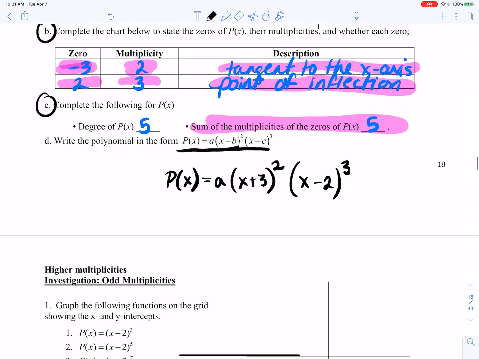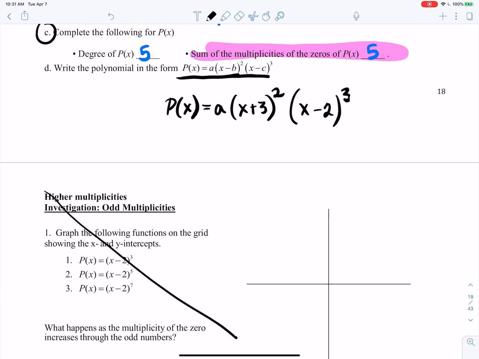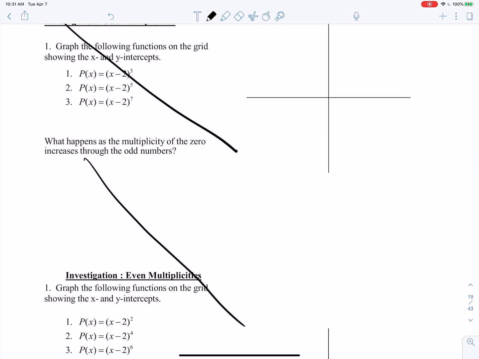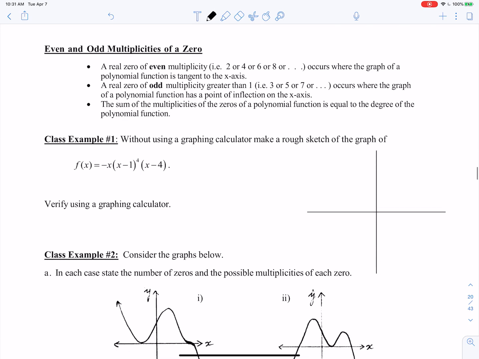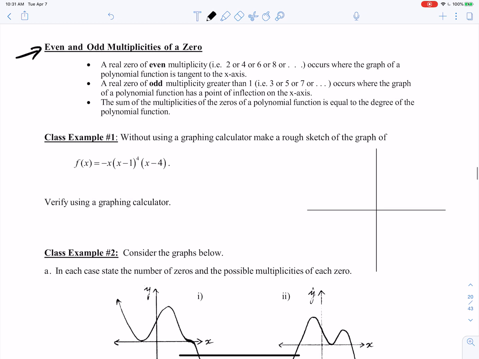All right, we are going to skip the higher multiplicities and the investigation on even multiplicities, and move right to here. I'm just going to do the summary. If I have even and odd multiplicities, a real 0 of even multiplicity, so 2, 4, 6, or 8, occurs in a tangency.